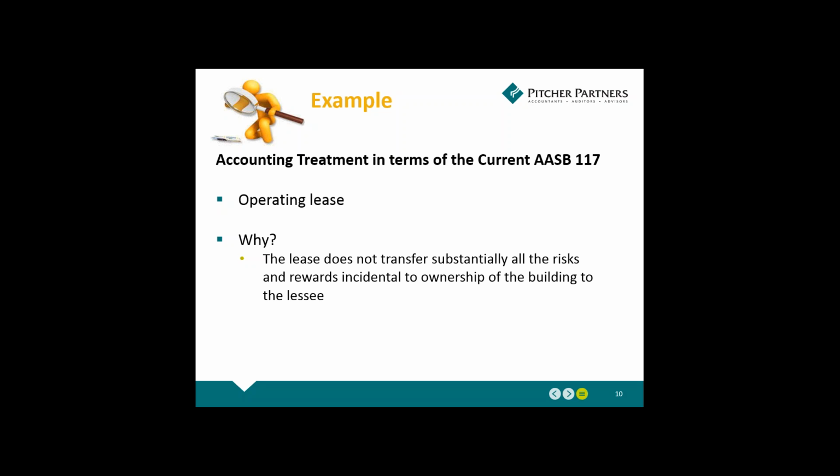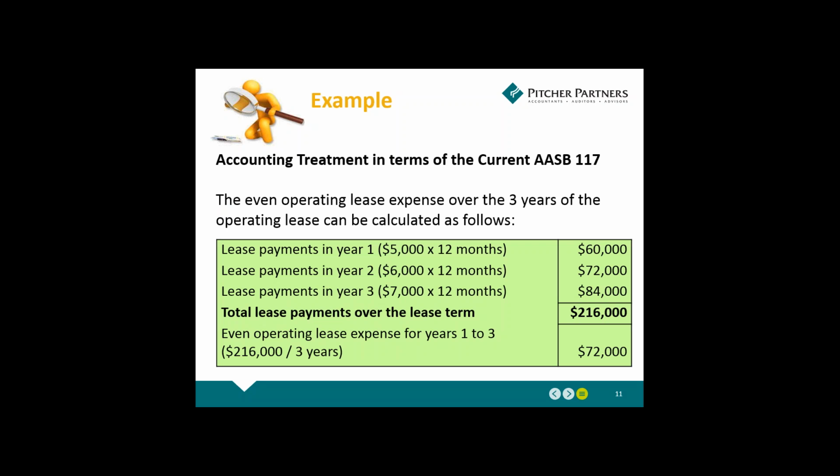We can summarize it to say it's an operating lease because the lease does not transfer substantially all the risks and rewards incidental to ownership of that building to the lessee. The lessee is merely using the building for a period of 3 years, and we know that building would have an expected useful life of many more years. So it's an operating lease.